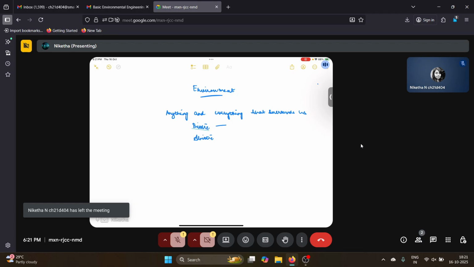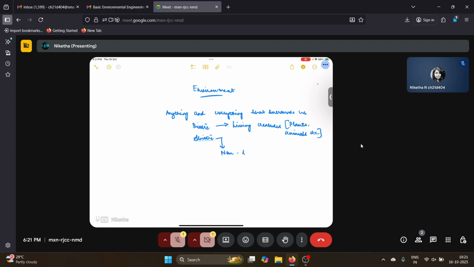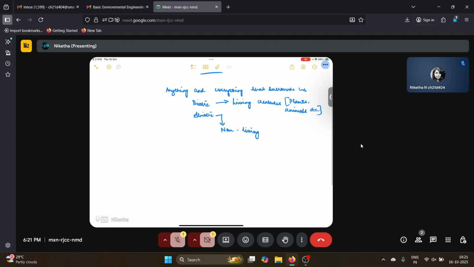Biotic components include all your living features, while abiotic components are the non-living part. Together, the biotic and abiotic components form one environment.